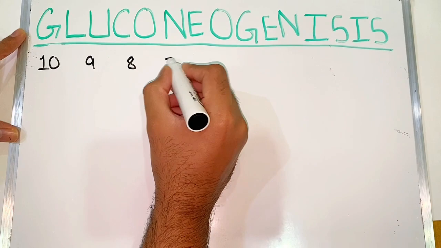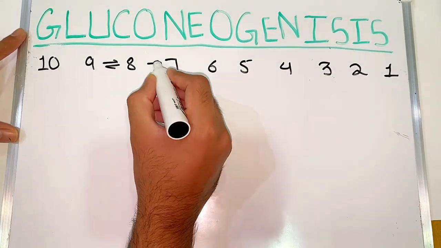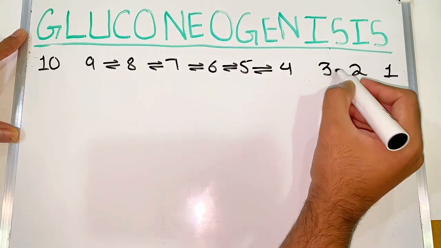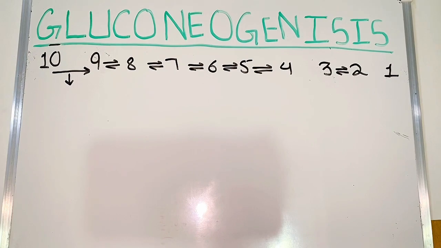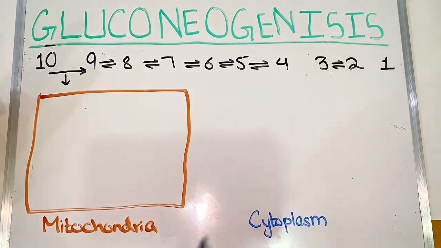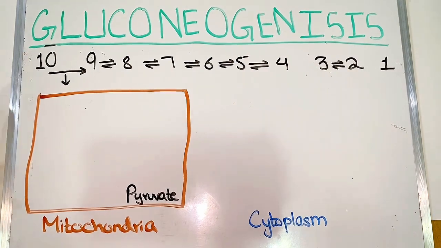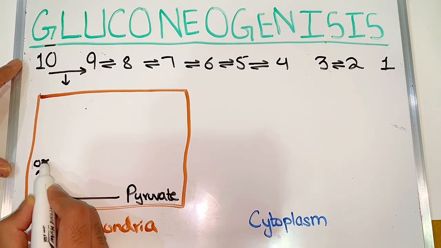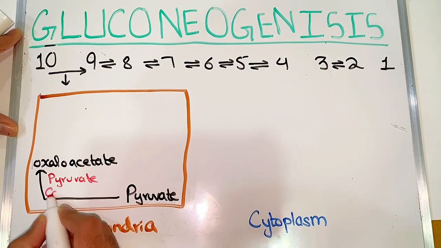Now we will see how the irreversible steps will take other pathways. Firstly, we will take the last or the first process of gluconeogenesis, from 10th to 9th step. In it, some process happens in mitochondria and some in cytoplasm. As we know the last product is pyruvate, pyruvate first will be converted into oxaloacetate by the enzyme called pyruvate carboxylase.